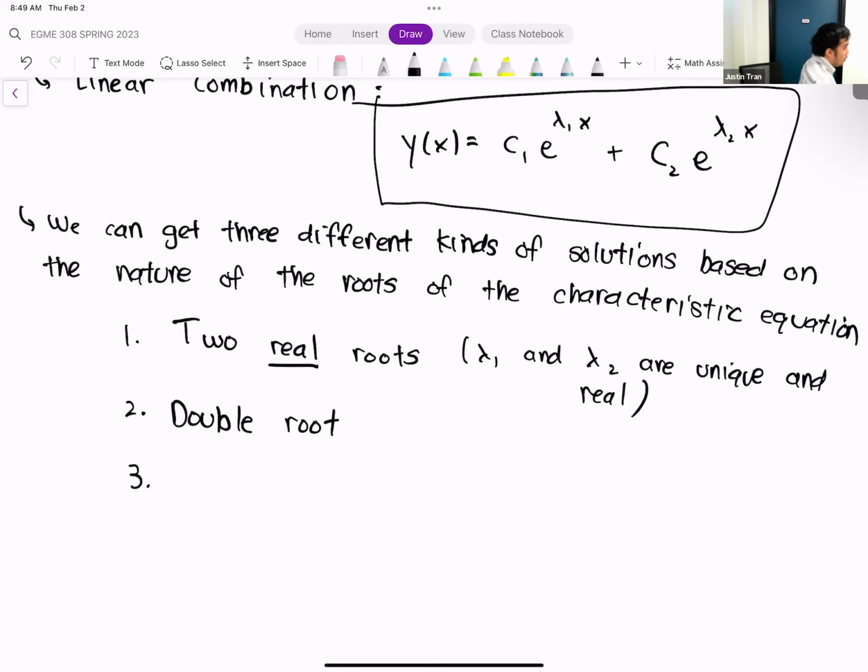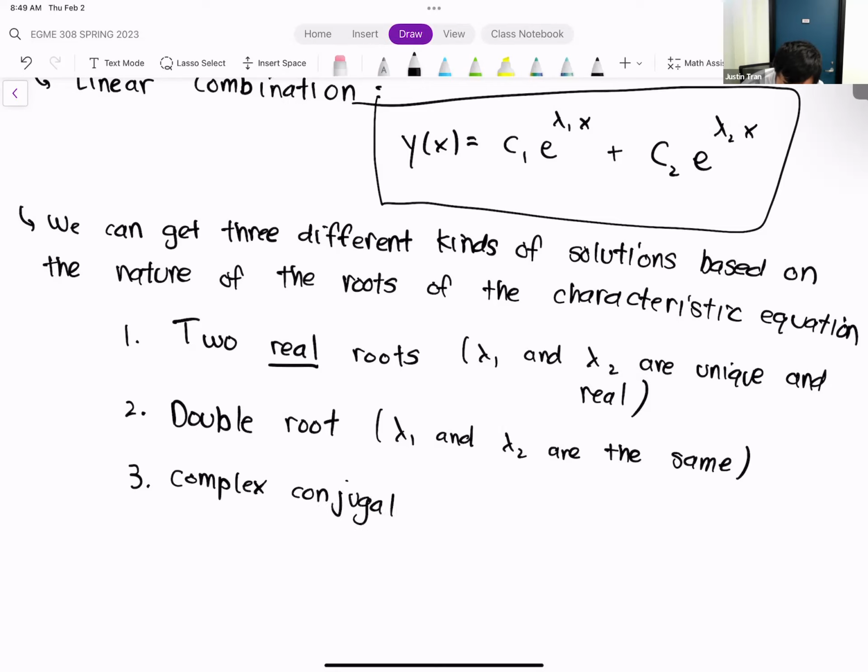The second case is for when we have a double root, when lambda 1 and lambda 2 are the same, so we have 2 roots occurring at the same location. And the third case is when we have complex conjugate roots.